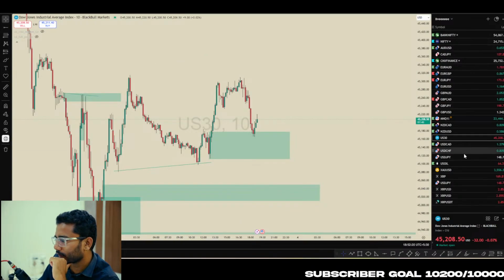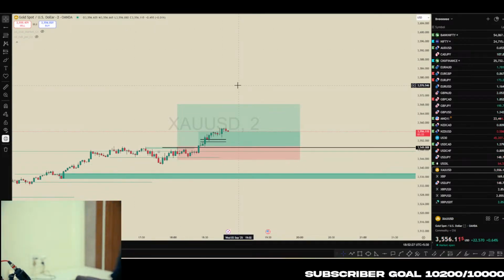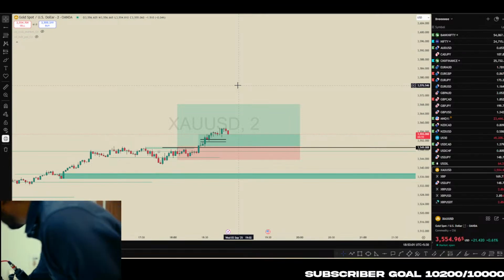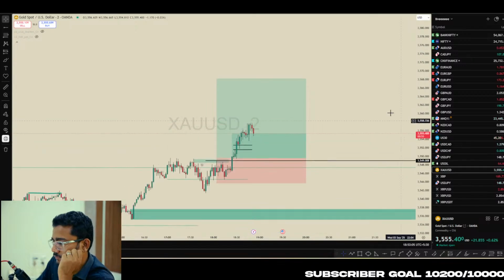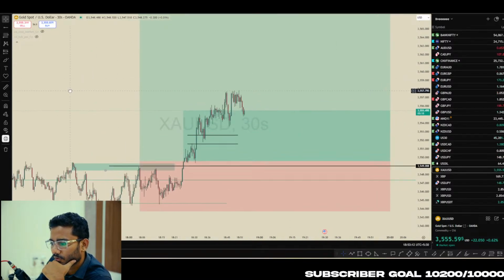So we have this liquidity. If we look at 30 seconds, then price is probably reacting from this order block.